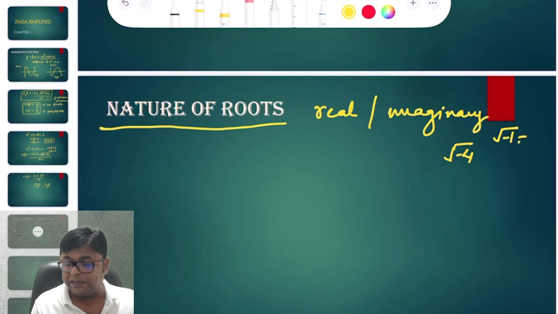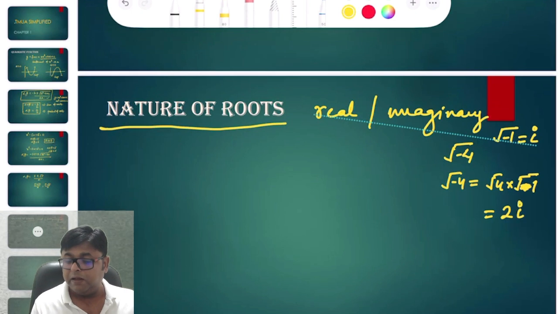So root of minus 1, as we all know, is iota. So root of minus 4 will give me root of 4 into root of minus 1, which is 2 iota. So these are imaginary numbers, just to put things in perspective for you.